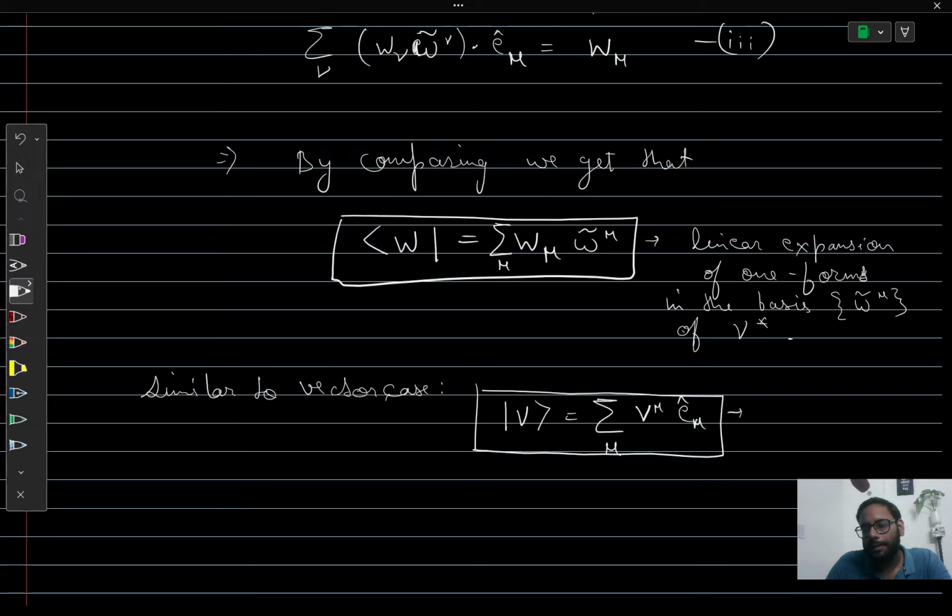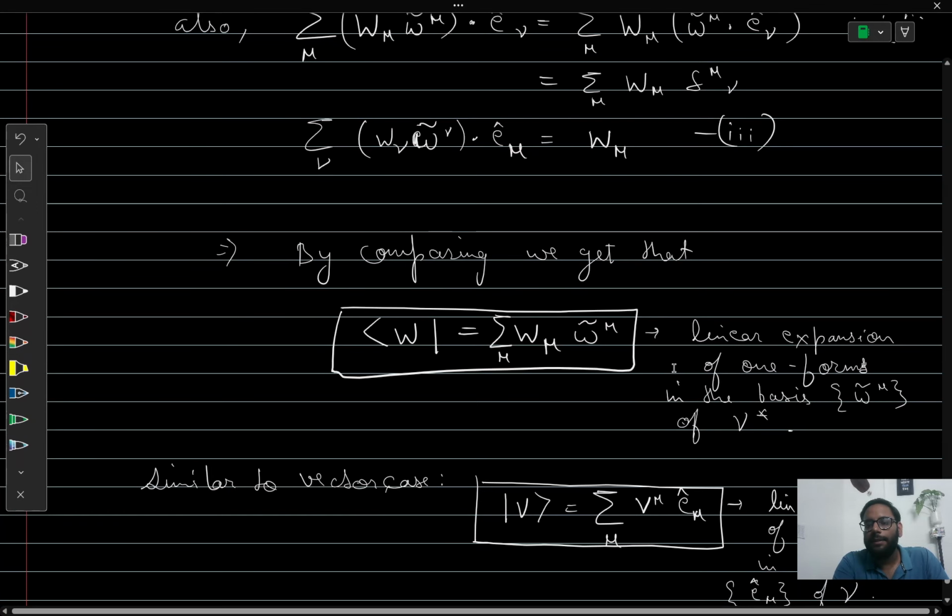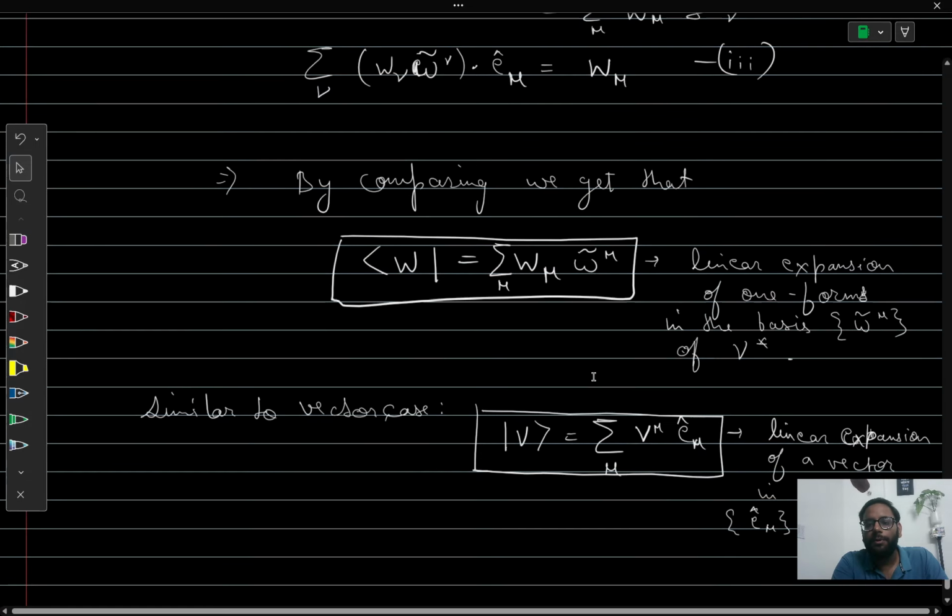This is a linear combination, a linear expansion of a vector in the basis of this vector space. You know this.